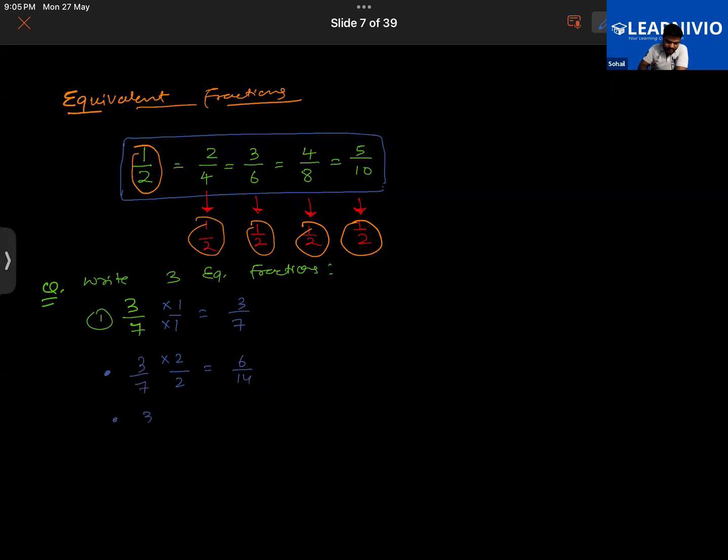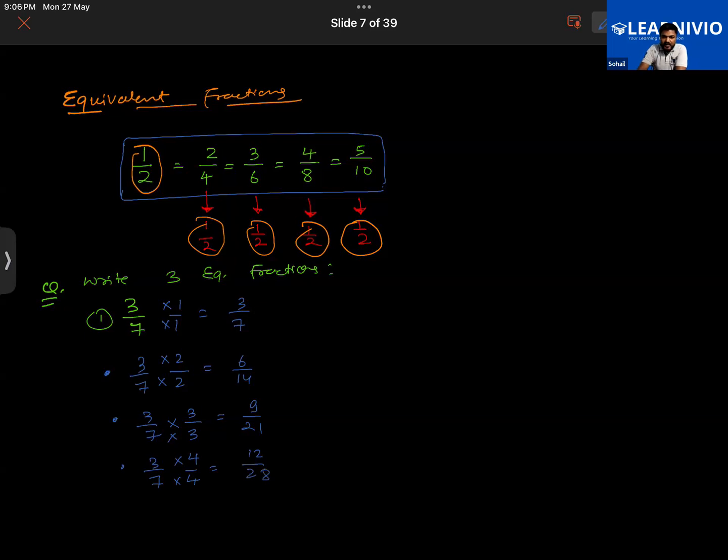Next, you will multiply both of them with 3 upon 3. So 3 times 3 will become 9 upon 21. Then again you multiply them with 4 upon 4. So you are multiplying them with consecutive natural numbers. So you have 12 upon 28.